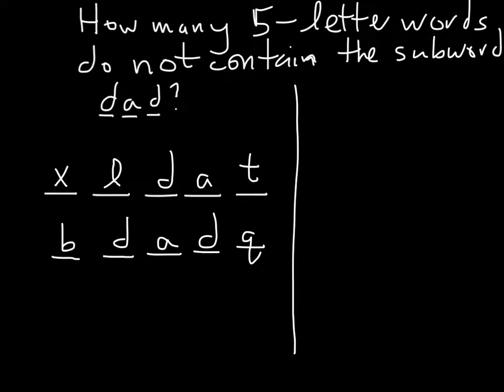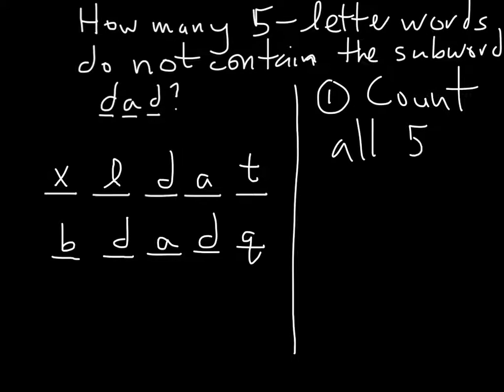Now, counting how many things do not contain can be a tough problem. So to make our problem easier, we're going to do 2 steps. The first step is we're going to count all 5-letter words.